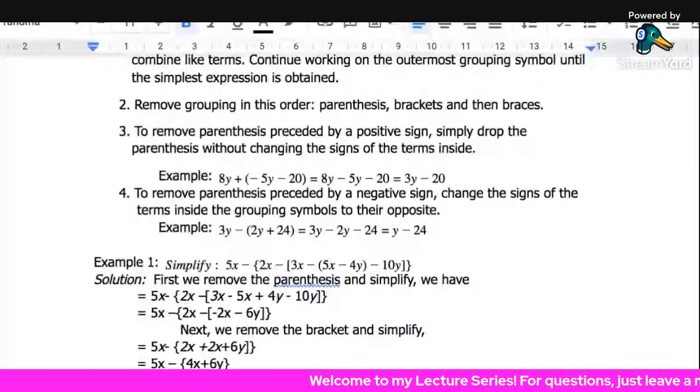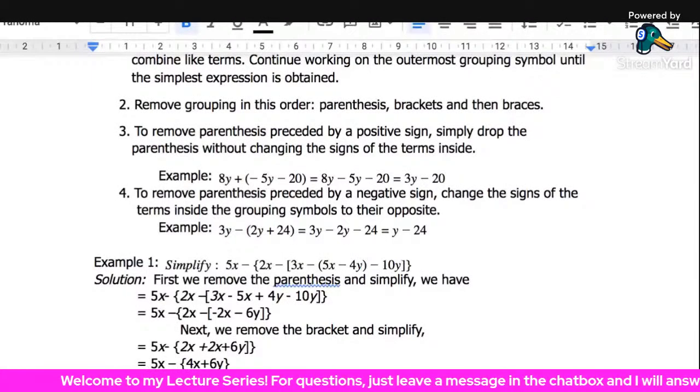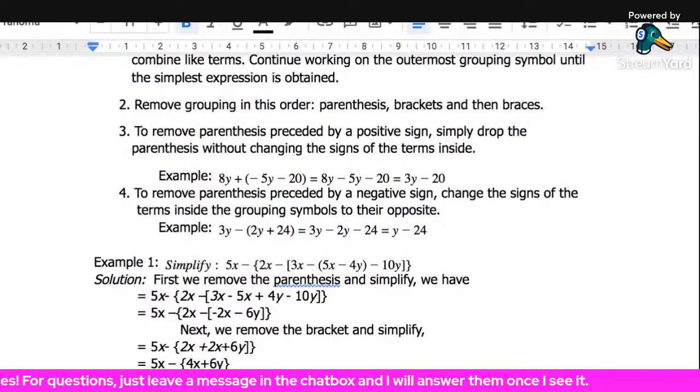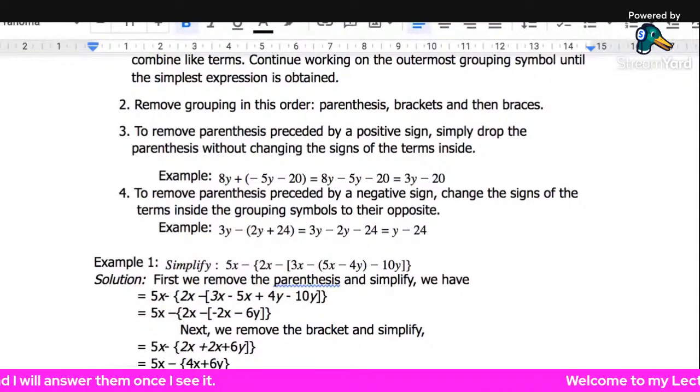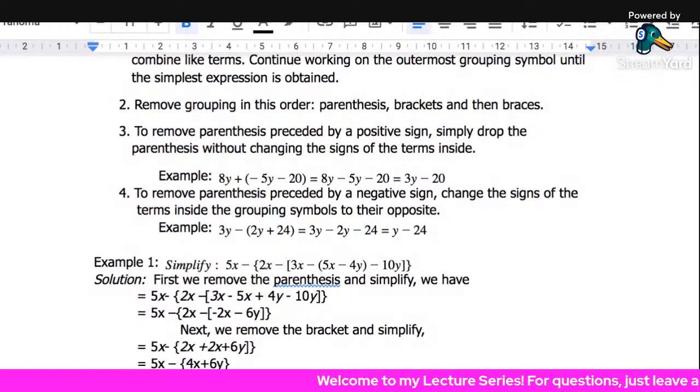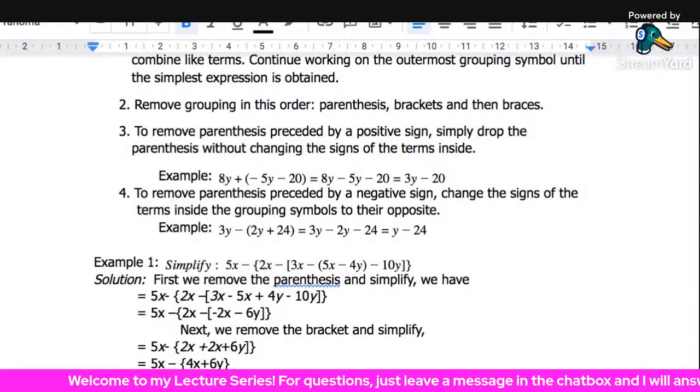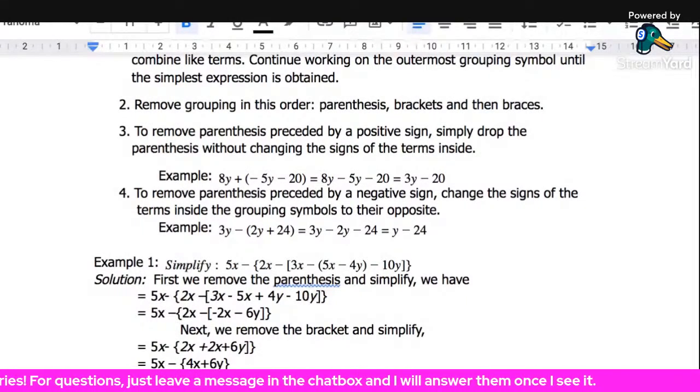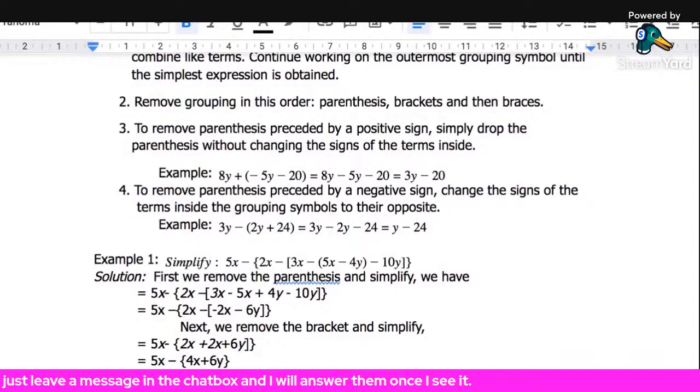So you will have 8y minus 5y, and negative also, so you will have negative 20. So here we group similar terms. 8y and 5y are similar terms, so we can perform the operation. 8y minus 5y will give you 3y minus 20. Okay, so that will be the simplified version of this expression, which has a parenthesis as a grouping symbol.